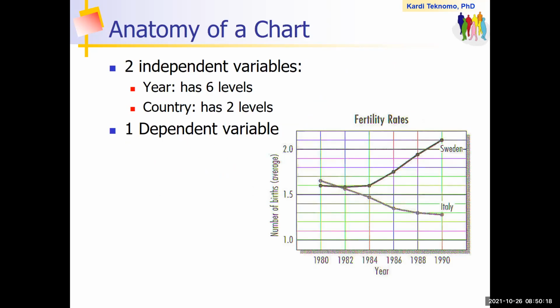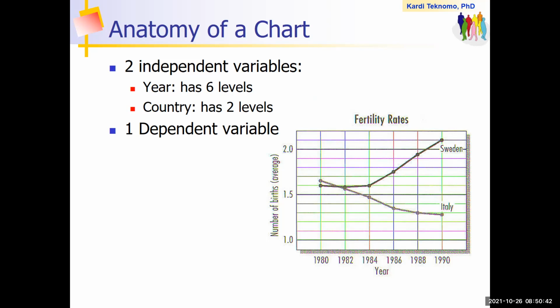Now let's look at the anatomy of a chart. In this chart example, we have one dependent variable. What is that? Oh no, we have two independent variables actually. One is the year.